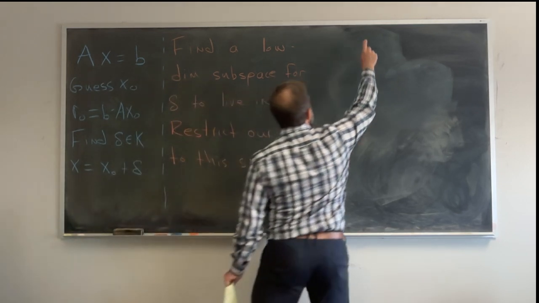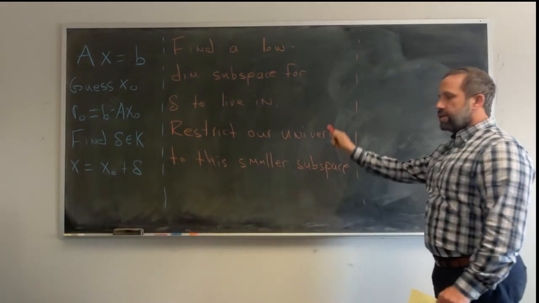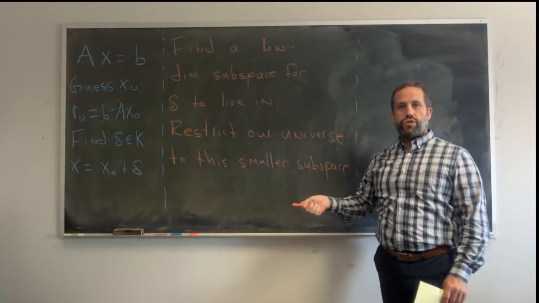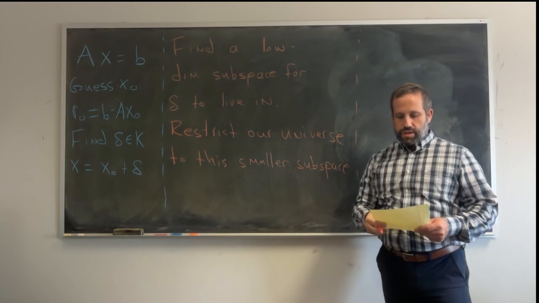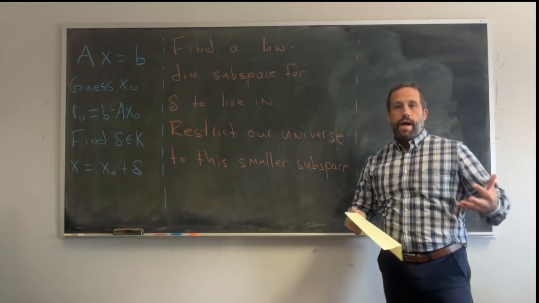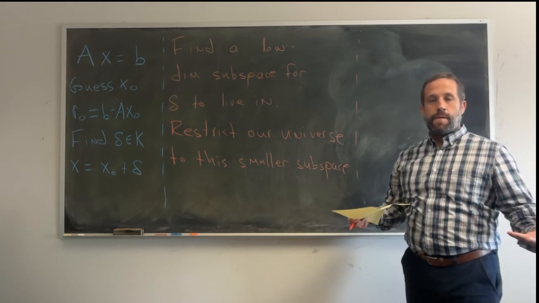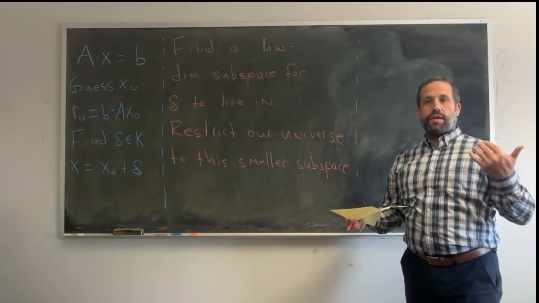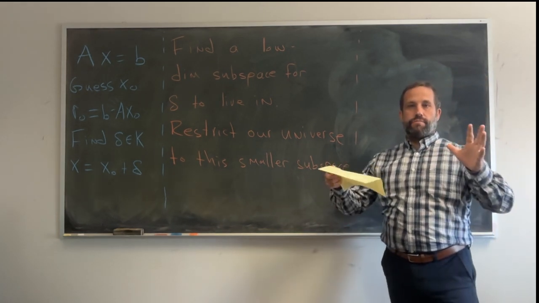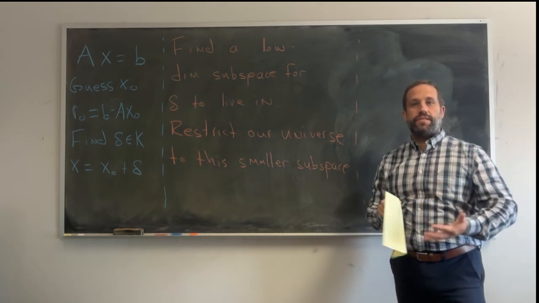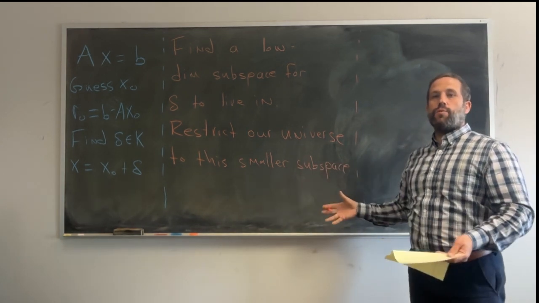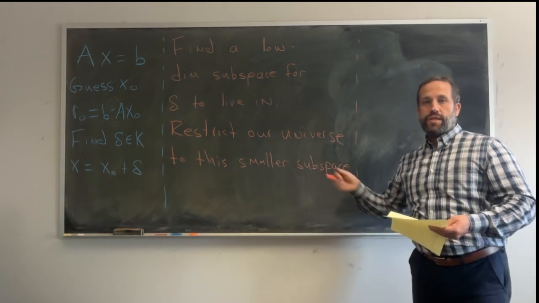Now, there are various ways to interpret what it means to restrict our universe to this smaller subspace, and depending on exactly what that interpretation is, the actual algorithms will be a little bit different. So it's going to give rise to different algorithms depending on exactly what we mean by restricting our attention to this universe.